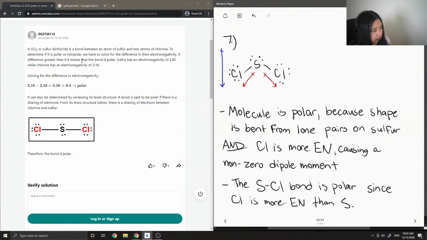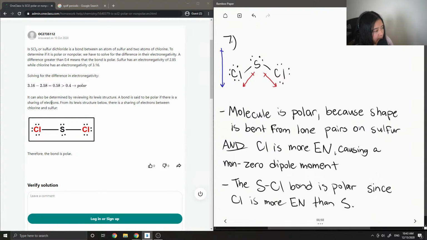Sulfur has an electronegativity of 2.85, while chlorine has an electronegativity of 3.16. So they found the difference is 0.58, which is much greater than 0.4. Therefore, the bond is polar.